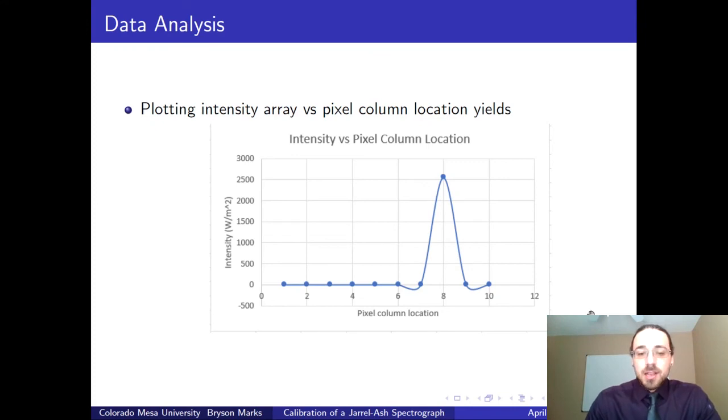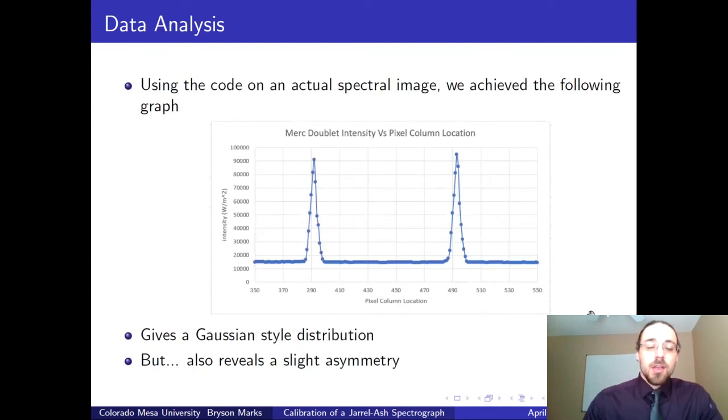Using our code with an actual image of a spectral line produces this graph here. I decided to use the Mercury doublet spectral image in our code to arrive at this graph. We notice at first that it is not at 0, like our test image was. This is just due to light pollution and thermal noise within the CCD detector.